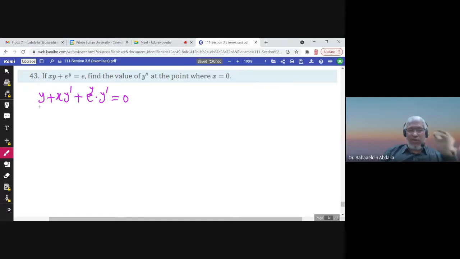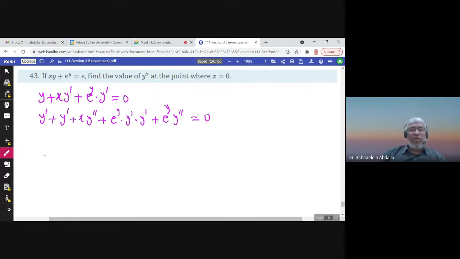I will find the derivative of this equation again. So derivative of y is y prime. Here a product, derivative of x is 1, derivative of y prime is y double prime. Here also a product: e to the y, derivative is e to the y times y prime times y prime, plus e to the y times the derivative of y prime, which is y double prime, equals 0.